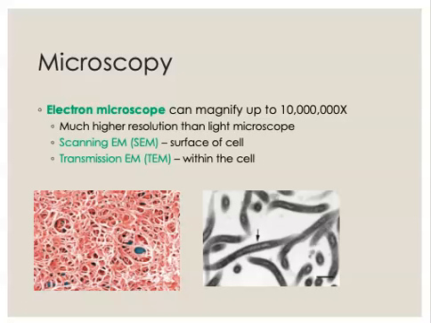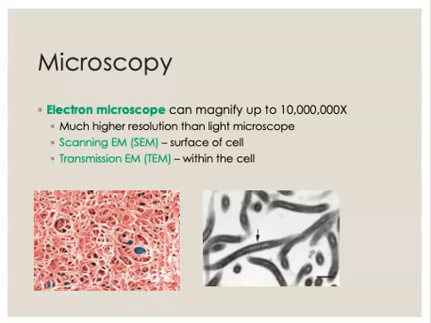Electron microscopes don't use visible light in order to show the specimen on the slide. Instead, they use a beam of electrons. And that's going to allow not only for greater magnification, much greater magnification, but also much higher resolution. In other words, the image is going to show the object much more clearly to our eyes compared to the background.